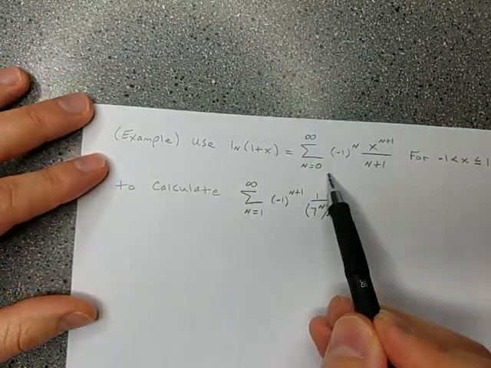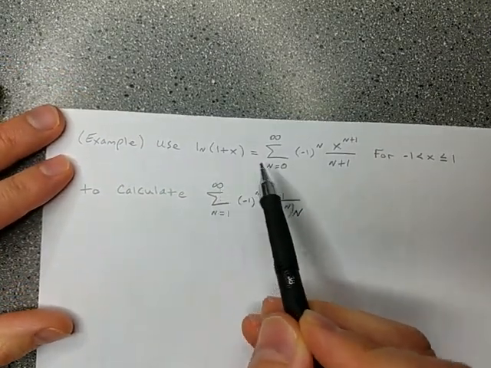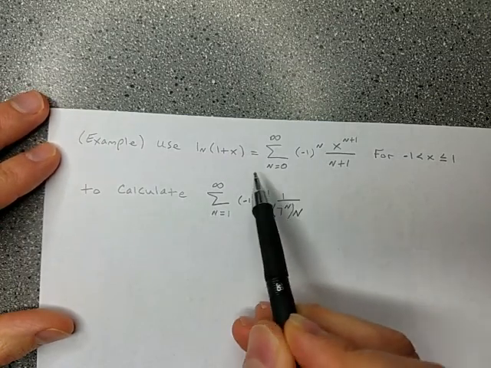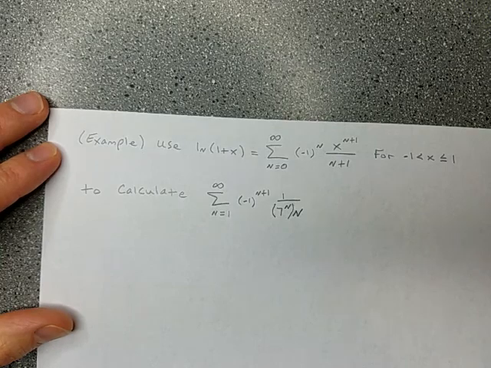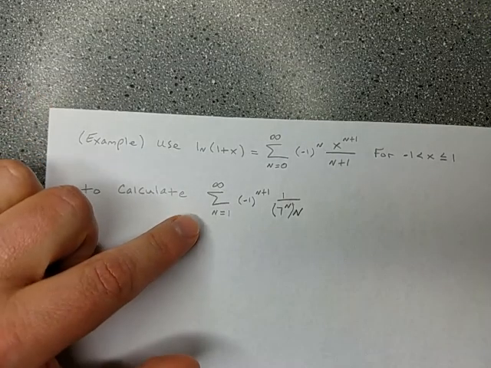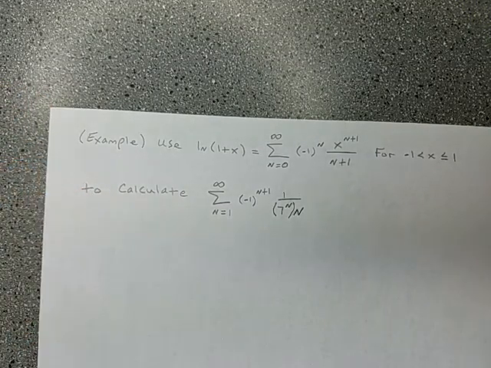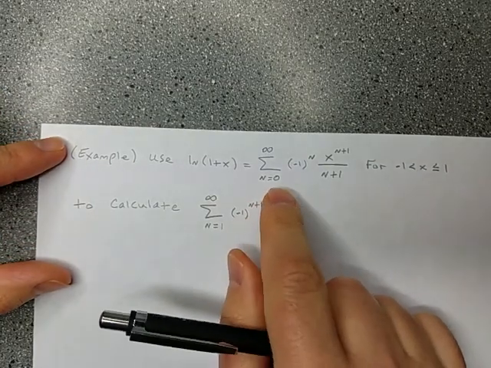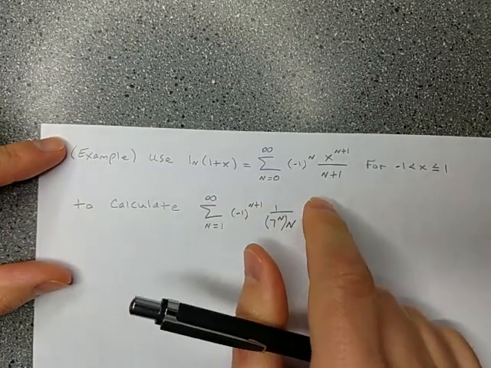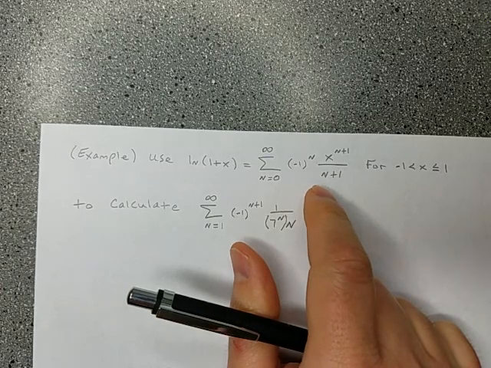Here it says: can you use that statement right there, that this series and that function are the same, to calculate the grand total of this series that converges? And what I notice is this series is not a geometric series. But it looks pretty close to the way that one is. It doesn't look identical, but it looks similar.